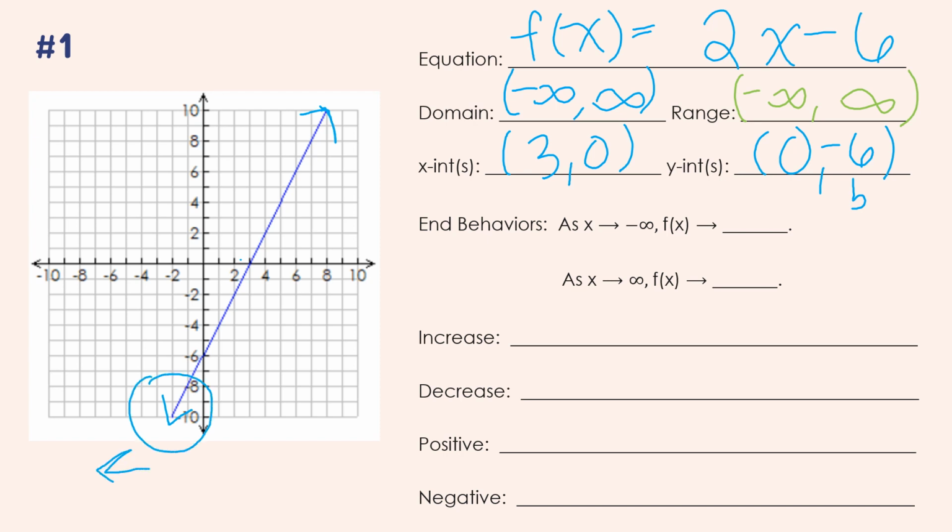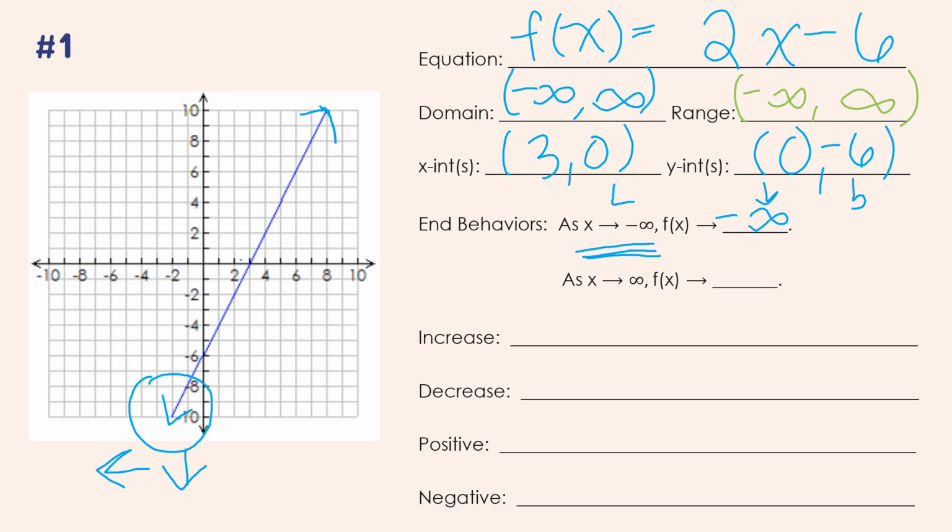Because it's going left, that is why this says x is approaching negative infinity. X approaching negative infinity means left. But not only is it going left, it is also pointing down. So because it's pointing down, that means y, or f of x, is approaching negative infinity.